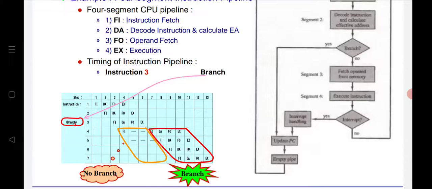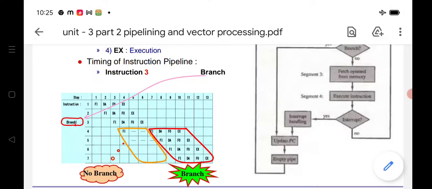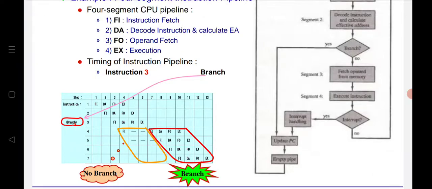I'm sorry, the third instruction is the branch instruction. Then only after execution of the branch instruction will the fourth instruction be fetched. So, with the branch instruction, the third instruction will be executed completely till the sixth clock pulse. Once that instruction has been executed, then you go with the fourth instruction.